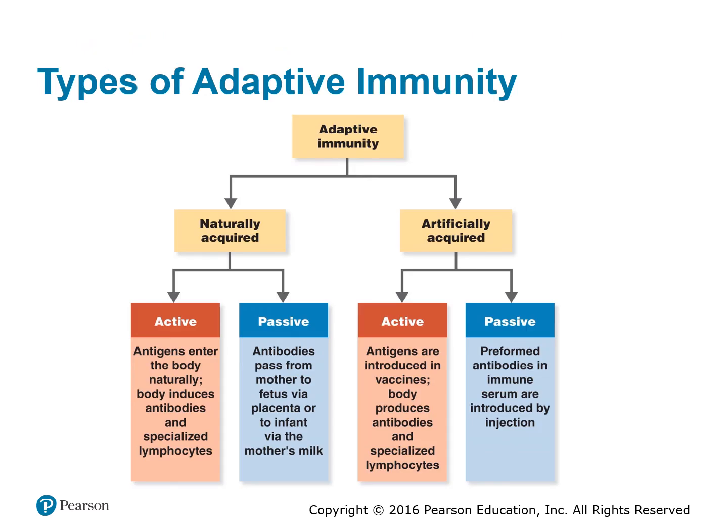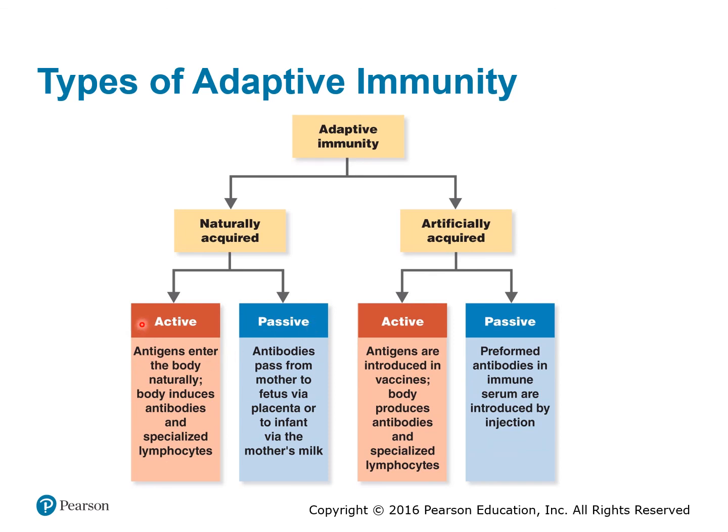When we talk about acquiring immunity against a certain pathogen, we talk about naturally acquiring that immunity or artificially acquiring it. And under either group, we have active and passive. Active would mean that you are making your own antibodies and your own memory cells. Passive would mean you are given the antibodies right away.